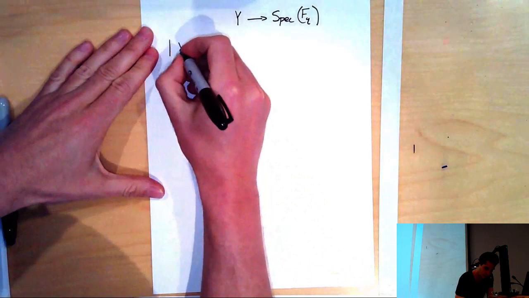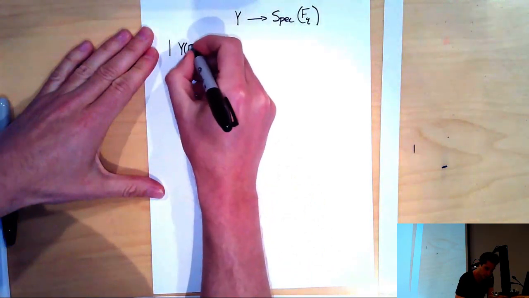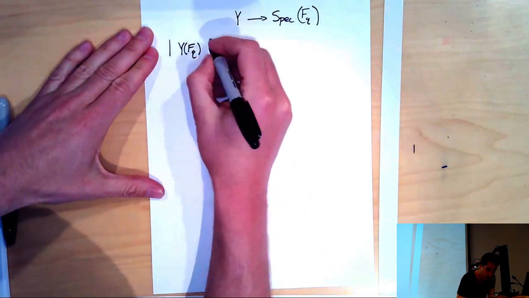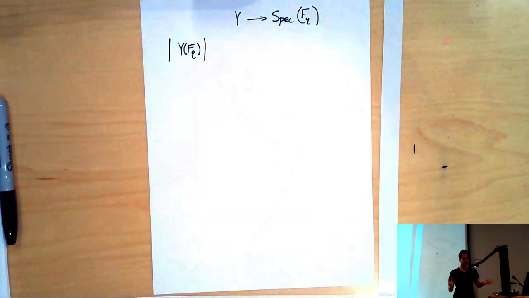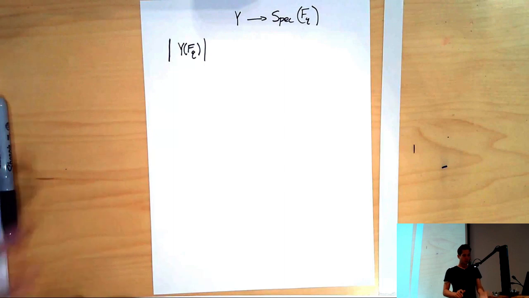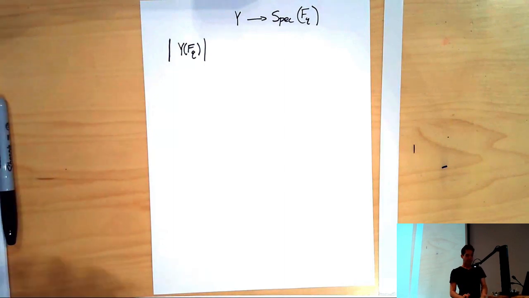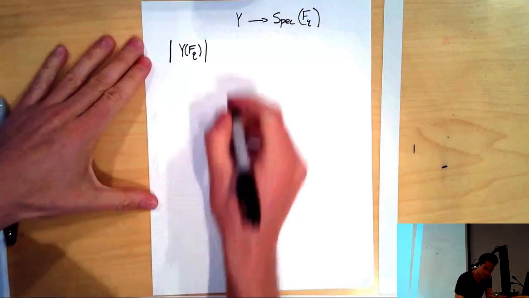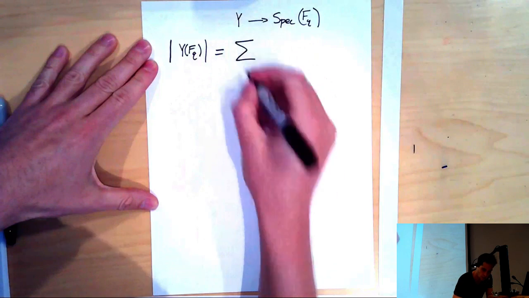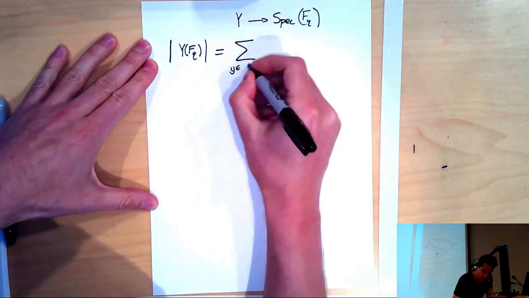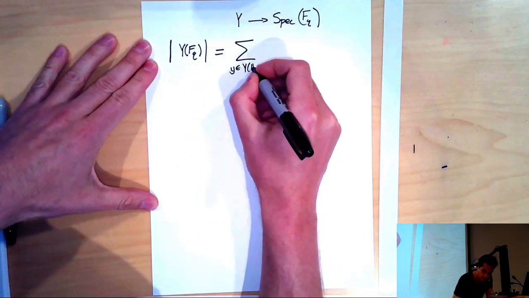And then you can look at the FQ valued points of Y. If Y is an algebraic variety, this is just a set, in fact a finite set. But if Y is an algebraic stack, it's something that you should really think of as a category. And you can measure the size of this category in the following sense. This is a sum over the objects of Y of FQ.